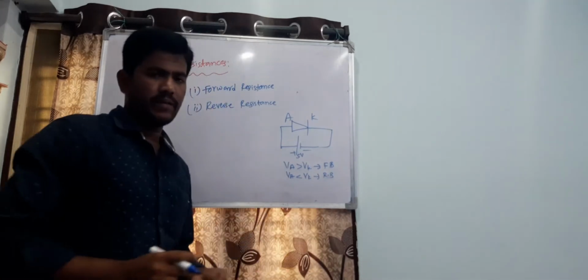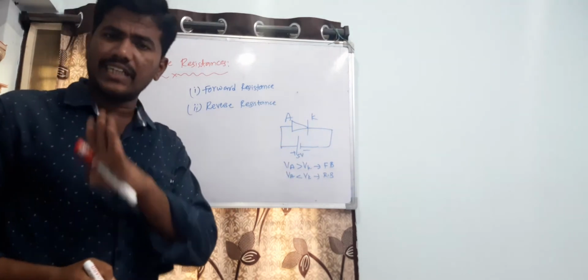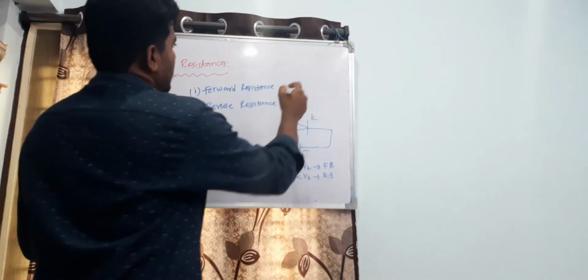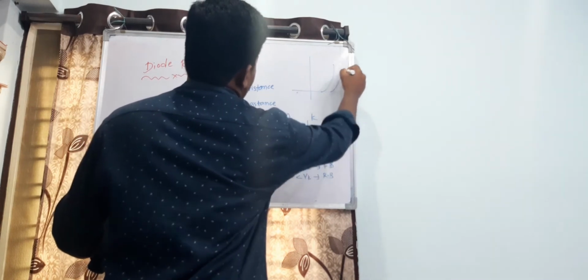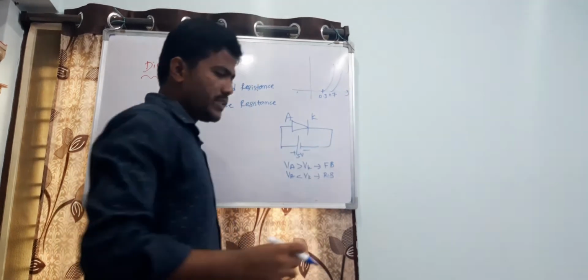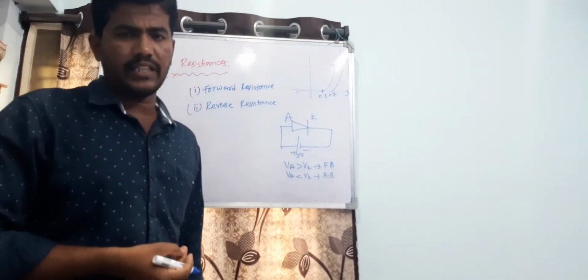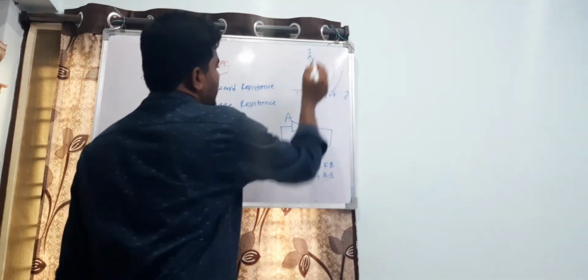We have seen this already. When we connect the diode in forward bias, the current will flow like this, depending on 0.3 volts or 0.7 volts, which depends on the semiconductor material, whether it is silicon or germanium.